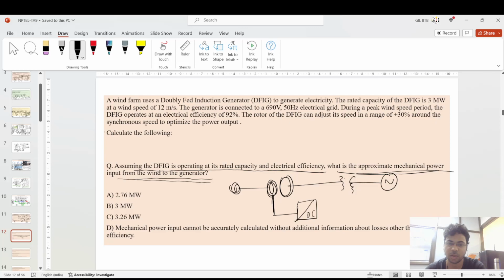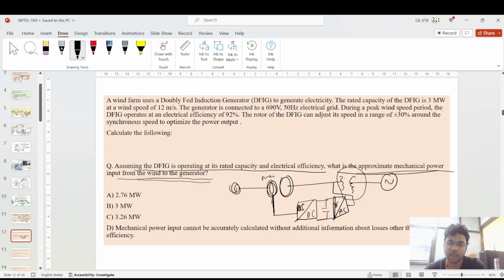From the rotor side, one more conversion path is there, the AC to DC conversion path. Then you have a DC link capacitor. Then you have the DC to AC conversion path, which feeds into the transformer.